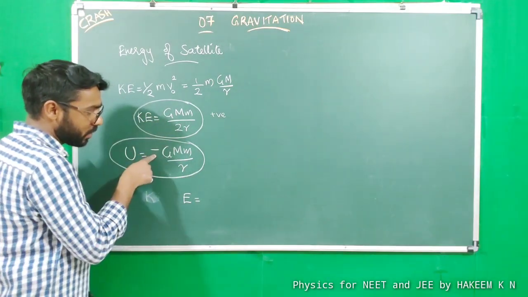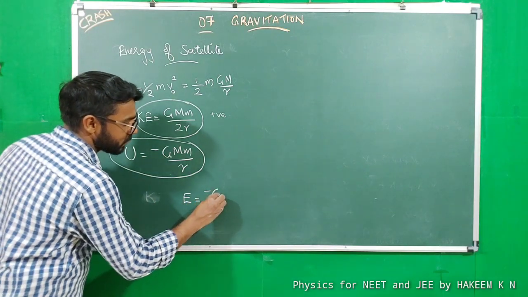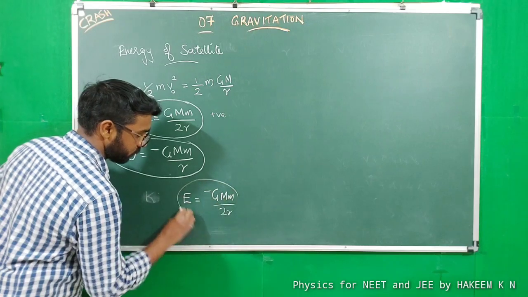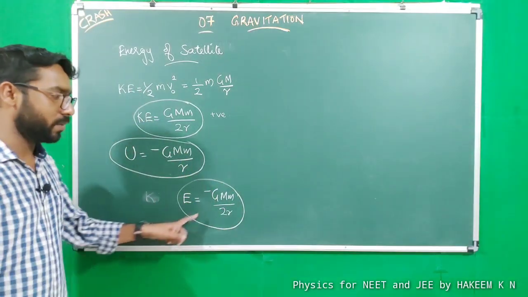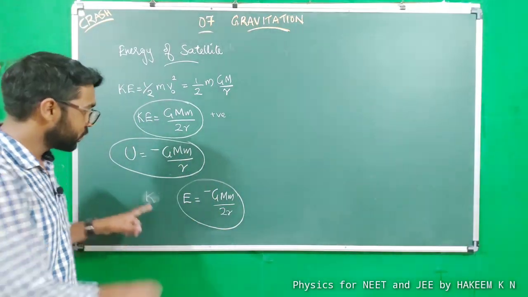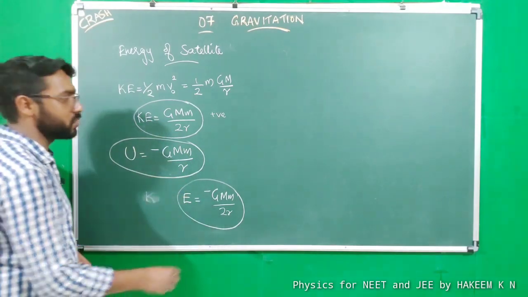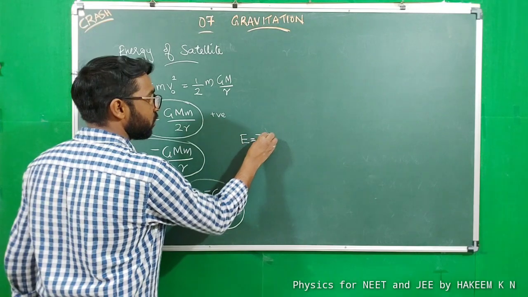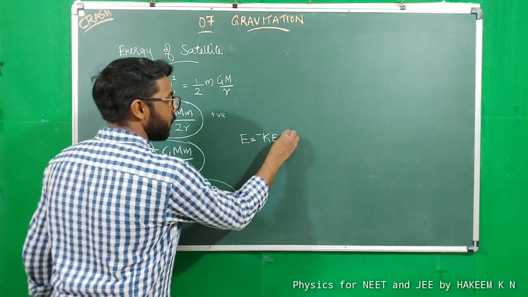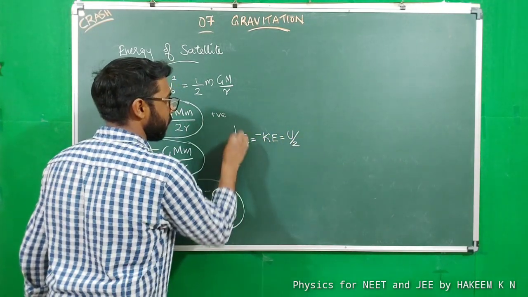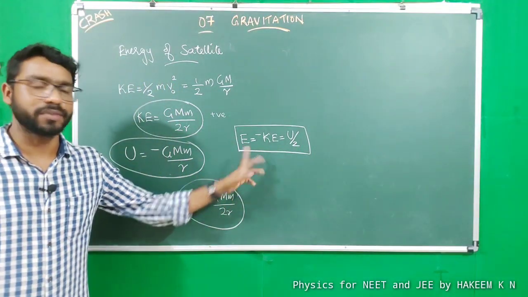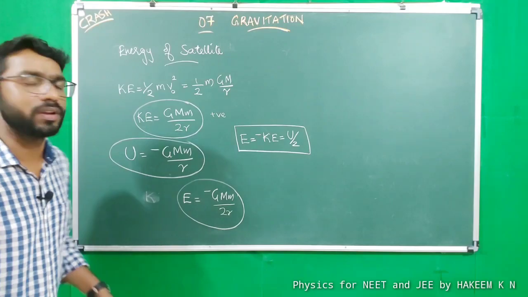So we will get minus GMm by 2r. By comparing these three energies, we can say total energy is negative of kinetic energy. It is half of potential energy.